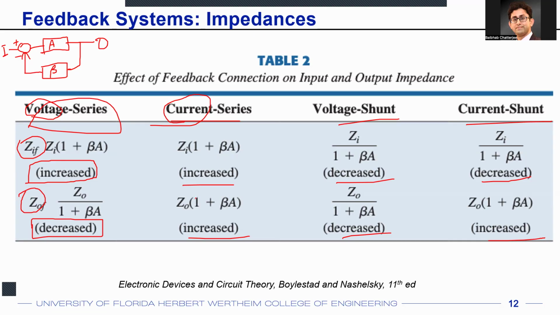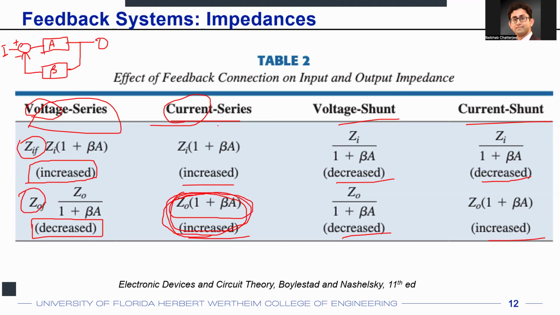Your current is reduced. If voltage stays the same, your output impedance is increasing. How much is it increasing? By the same factor 1 plus A beta. How much will it reduce? By the same factor 1 plus A beta. The factor is always the same, that is 1 plus A beta. So at the output, your output impedance is increasing by the same factor 1 plus A beta.